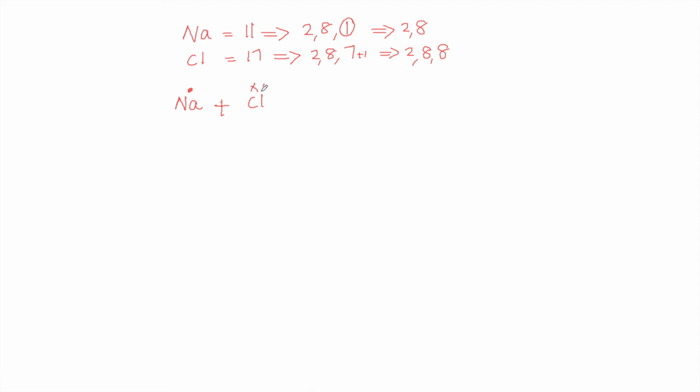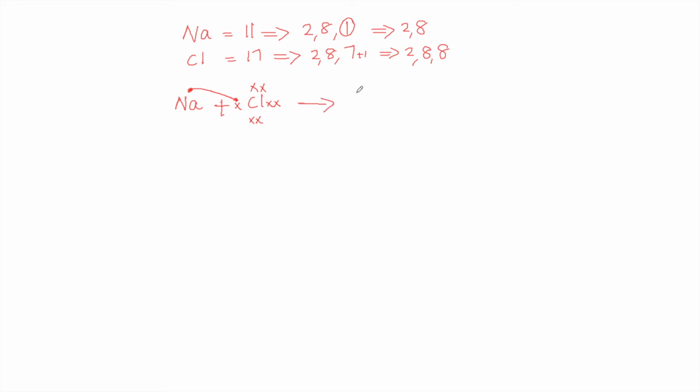We represent the outermost electrons of nonmetals with a cross mark like this, 7 electrons for chlorine. And this electron gets transferred here. That means sodium loses its electron and gives it to chlorine, so the chlorine octet is now completed.